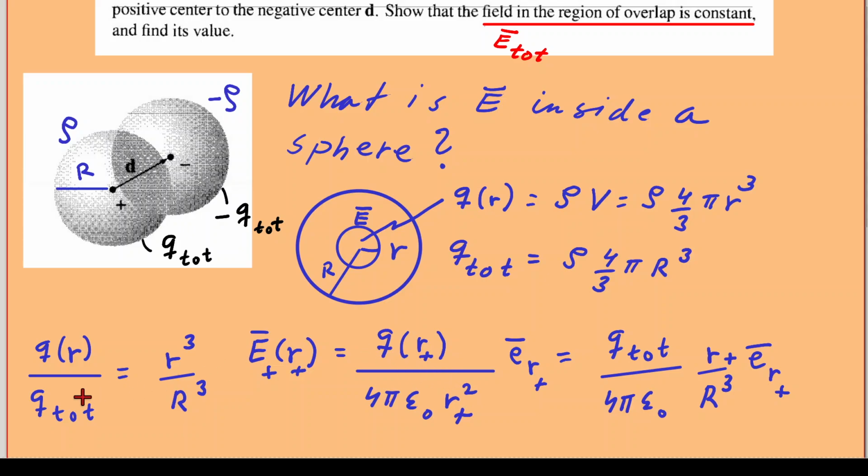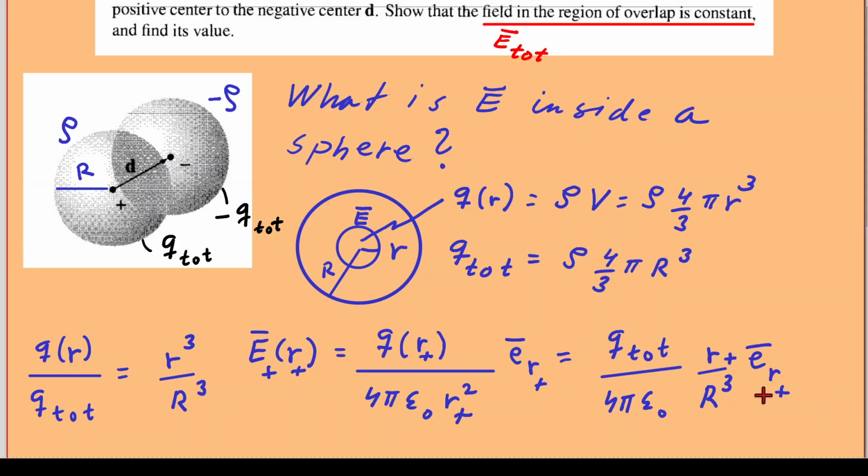But this q of r plus, if you multiply with q total, then you get this instead, a little simpler expression. And r plus, yeah, there are r cubed here, so that will be r plus divided by capital R cubed. And the direction of the electric field here is outwards because it's positively charged.